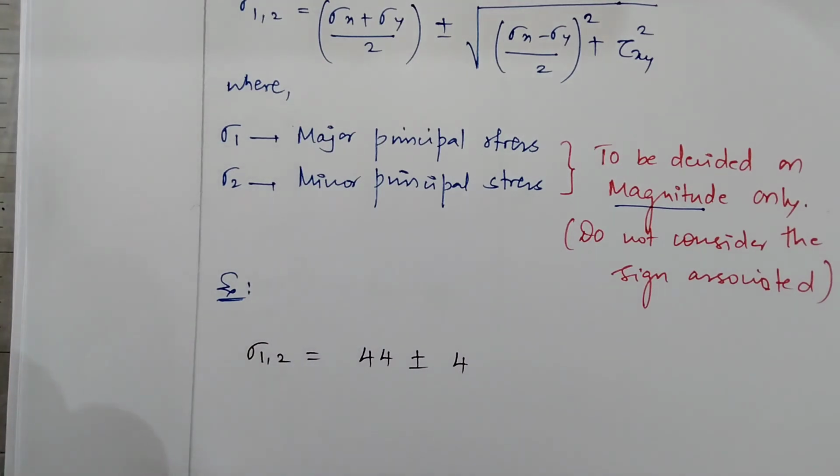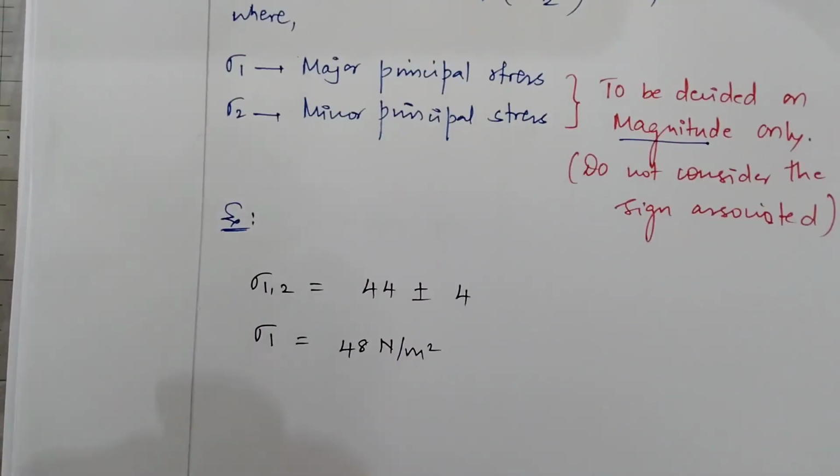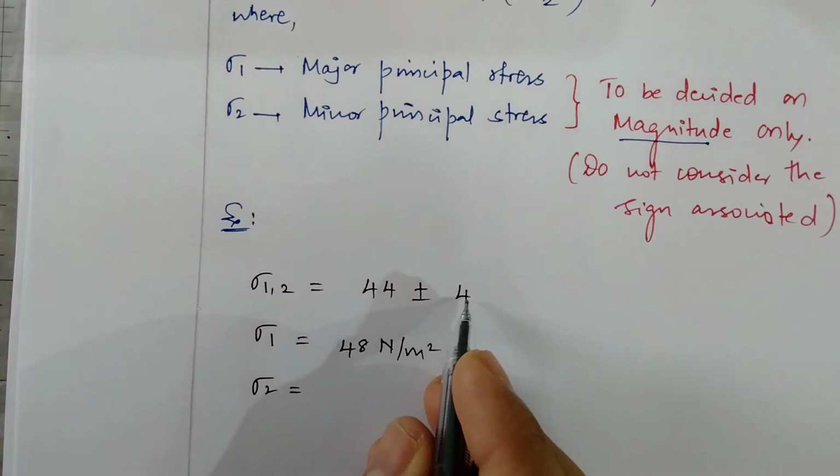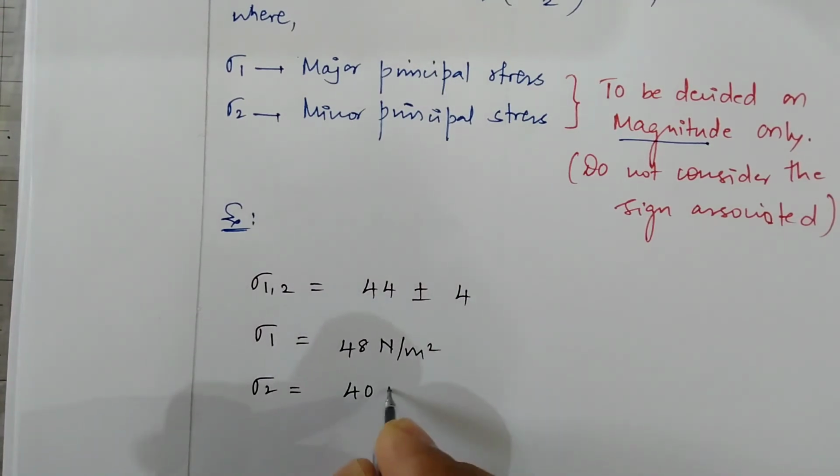Now in this case, sigma 1 is 44 plus 4, which is 48 Newton per meter square, and sigma 2 is 44 minus 4, which is 40 Newton per meter square.